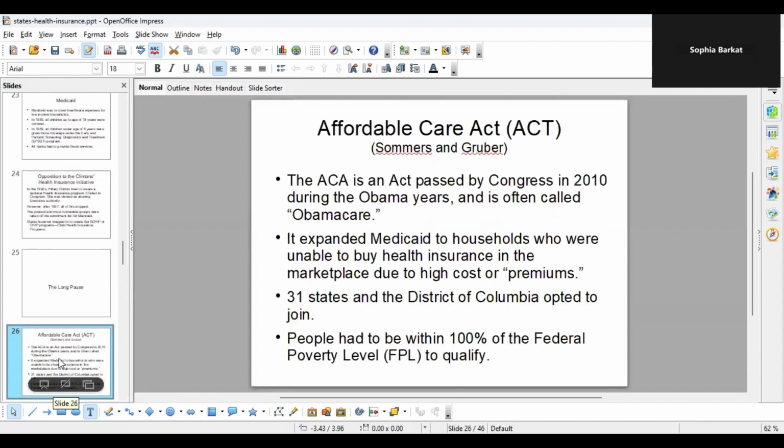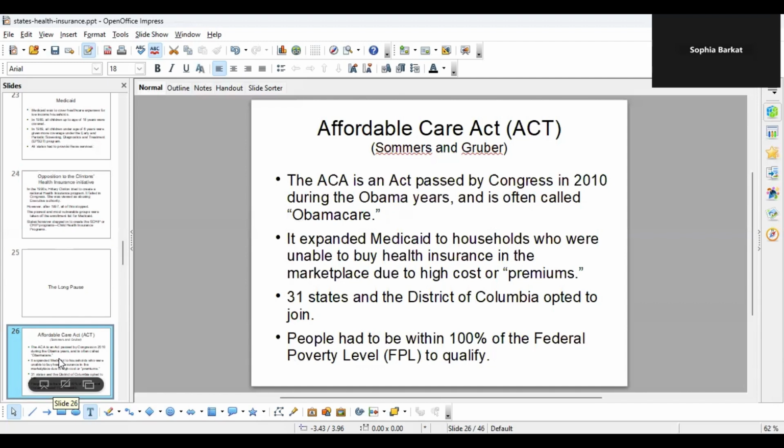And suddenly we had the Affordable Care Act, which Somers and Gruber starts to talk about, right? So the ACA is an act passed by Congress in 2010 during the Obama years and is often called Obamacare.